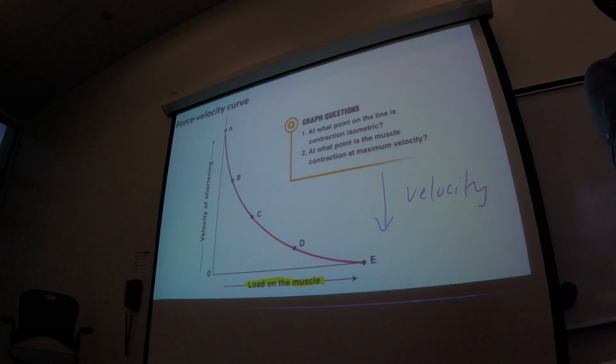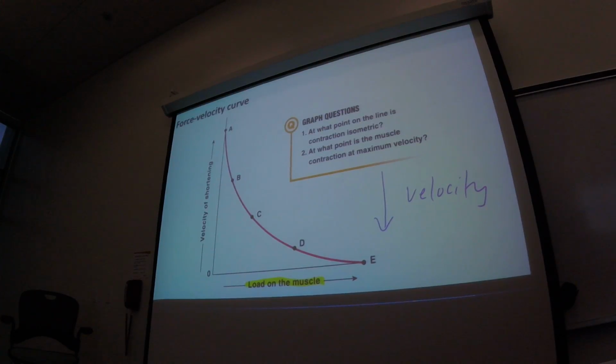And if it's a huge box that I can't carry, I'm not going to move it. So as the load is increasing, the velocity of shortening is decreasing. If the load's really light, I can move my muscles really quickly, the velocity of shortening is really quick. But if the load is really heavy, it's not going to happen.